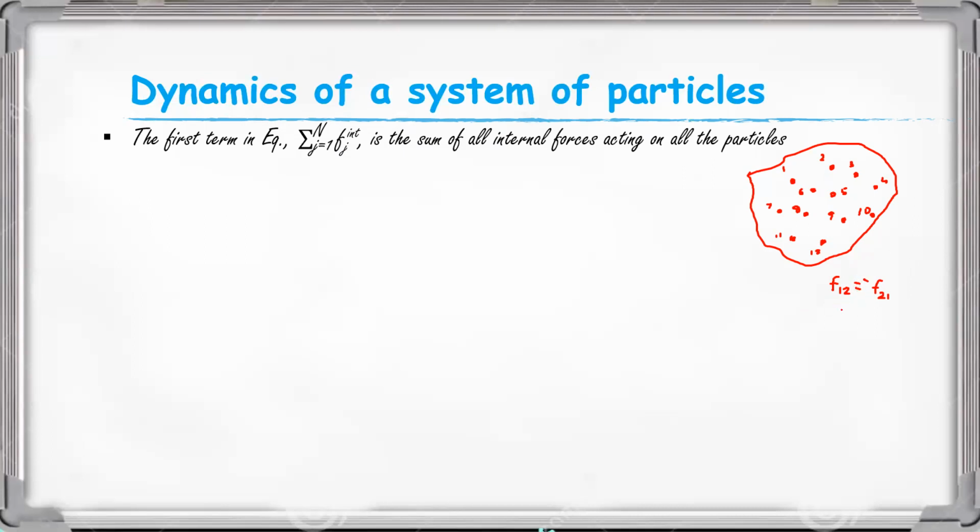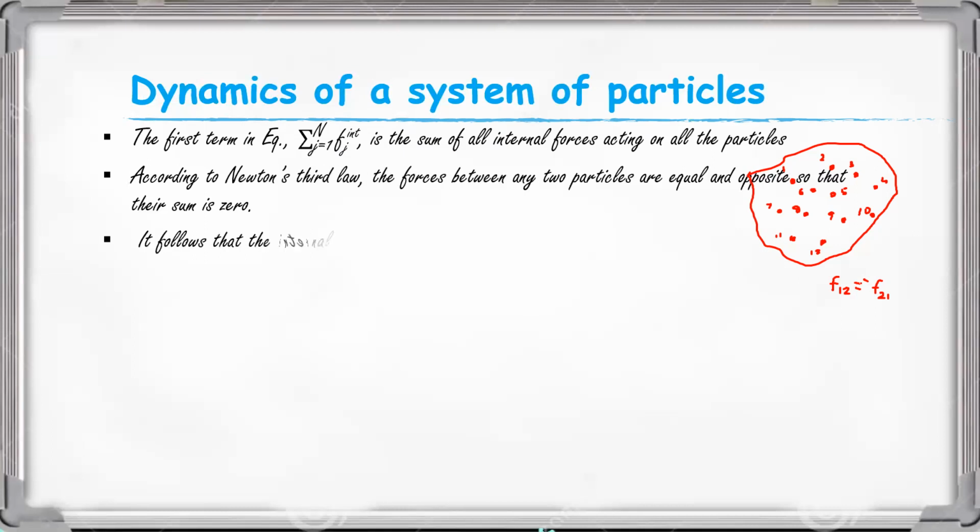So in this way, all the pairs of particles will have this type of forces. There must be equal and opposite forces for each pair. Then the pairs must vanish, so their sum is 0.